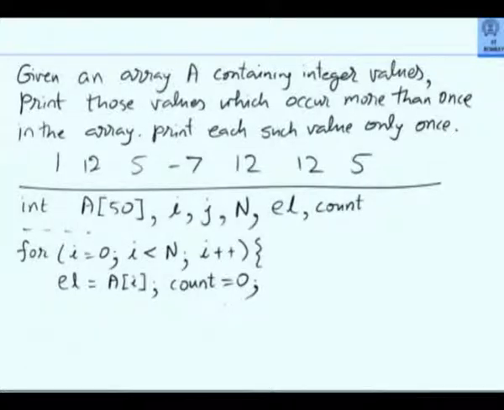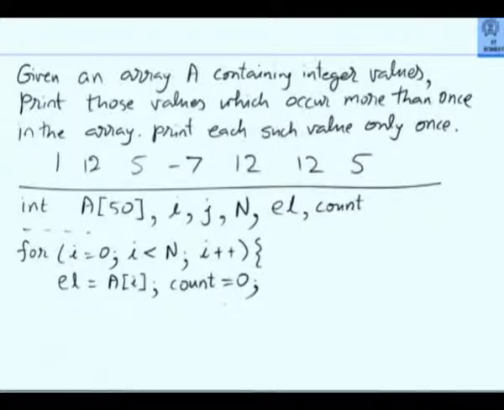I have to look at the 0th element, then first, then second, then third. Whichever element I am looking at, I am assigning it temporarily to a variable called EL. So EL is the element which I want to examine. If you look at this array 1, 12, 5, minus 7, 12, 12, 5, I will be examining 1, then 12, then 5, then minus 7, 12, etc. Each one in turn. Examination means taking that element and checking whether it exists anywhere in the array.